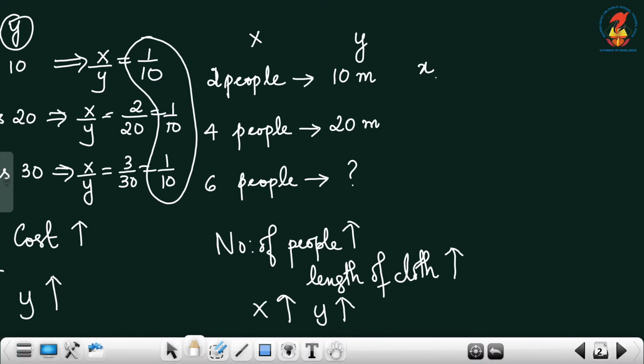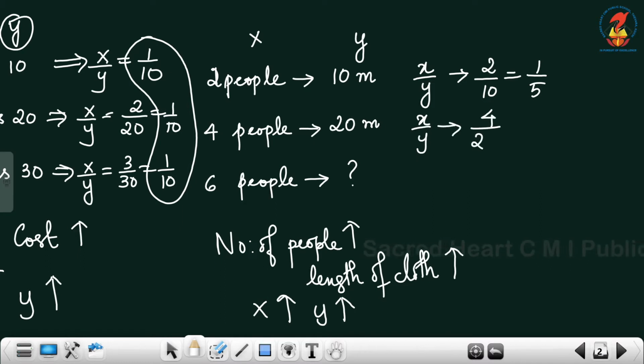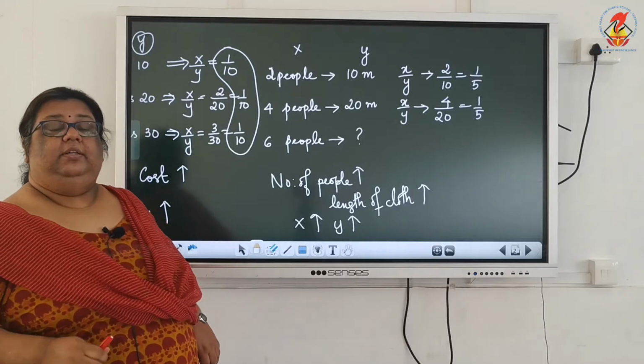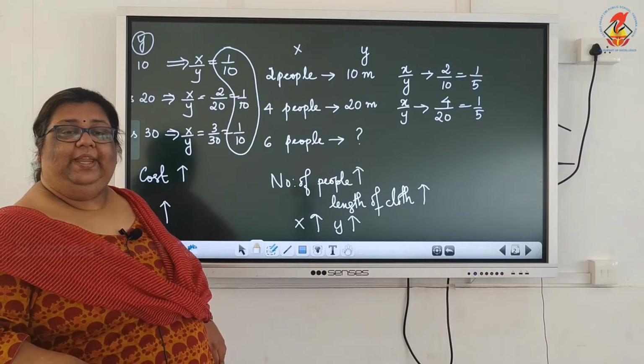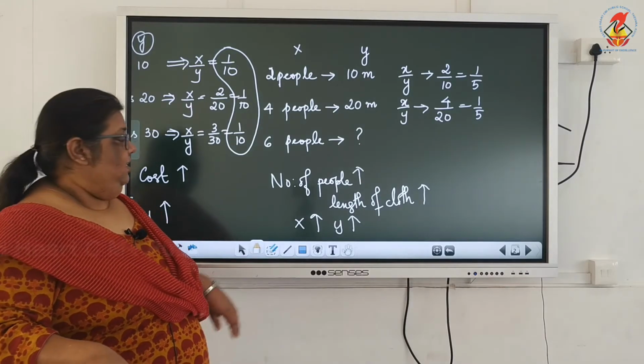If I take ratio x by y, 2 by 10, which is same as 1 by 5. Here x by y, 4 by 20, which is same as 1 by 5. There also the ratio of those two variables remains constant.